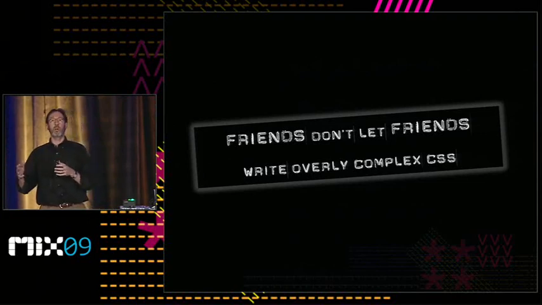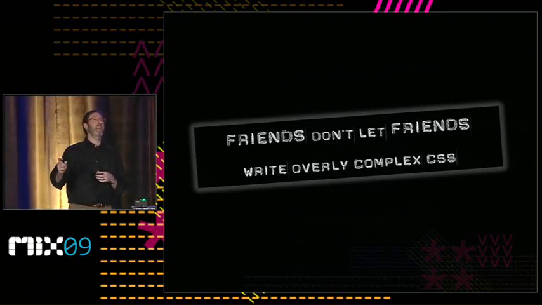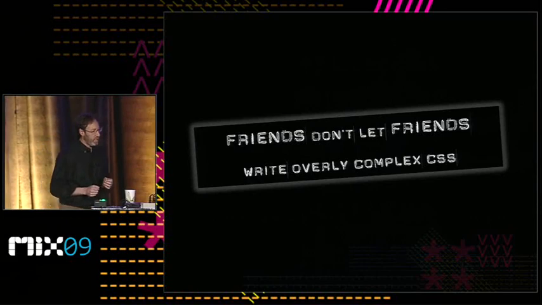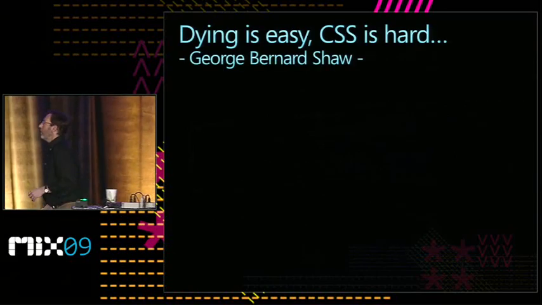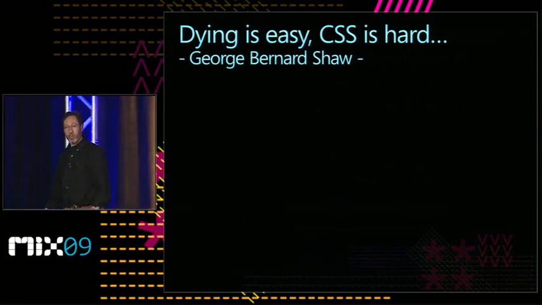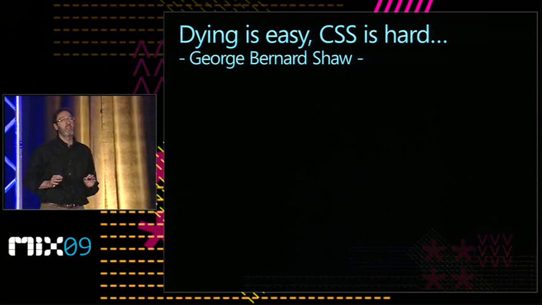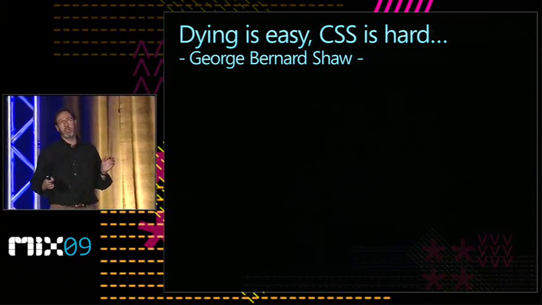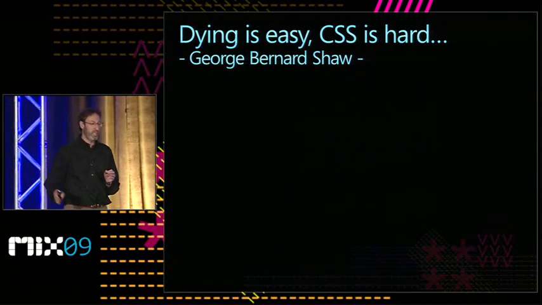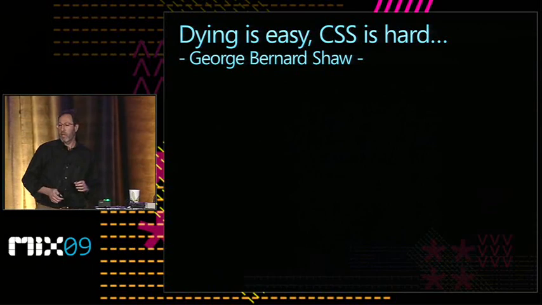Which border, which padding, which margin is actually winning. On the basis of this experience, I came to the conclusion that CSS is hard. This is kind of a paraphrase. I think the actual quote was, on his deathbed, George Bernard Shaw said, dying is easy, comedy is hard. But I think this captures the sentiment.